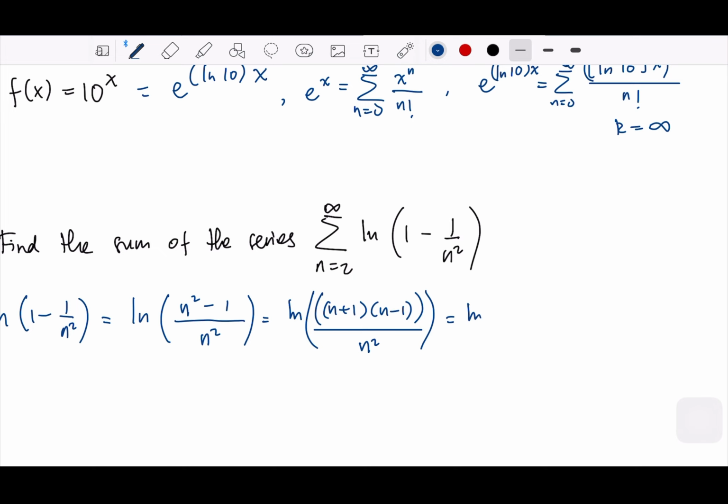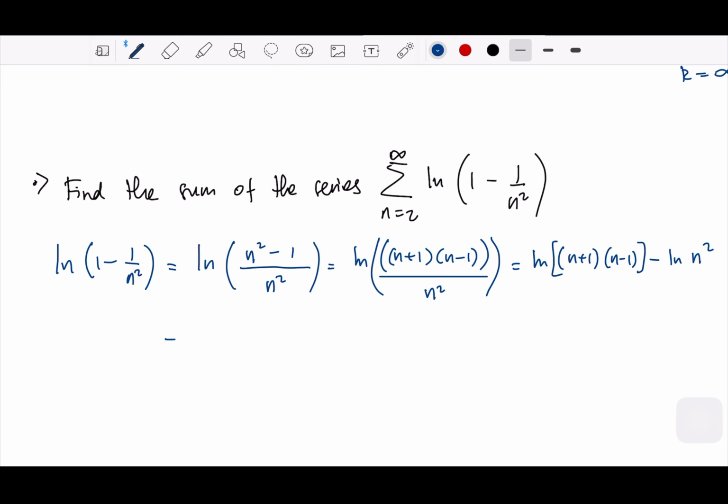And then we can separate this, ln of n plus 1, n minus 1, minus ln n squared. And then we can take this ln n plus 1, and then plus ln n minus 1. So we are just taking time to rewrite the form first and make it into some expansion.